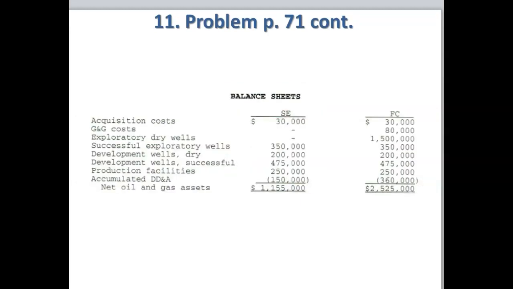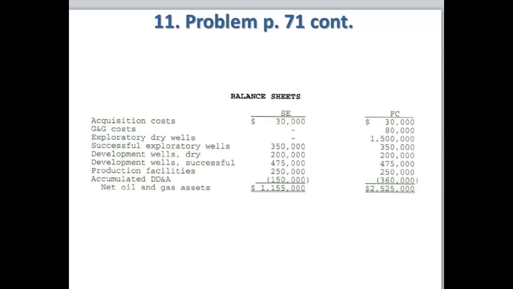On our balance sheet, again, just listing and thinking about the differences between the two methods. For successful efforts, we're going to have our acquisition costs capitalized, our successful exploratory wells, our developmental wells, both dry and successful, production facilities, and accumulated DD&A, giving us net oil and gas assets of $1,155,000, versus our full cost, where we have more items and expenditures that are capitalized.